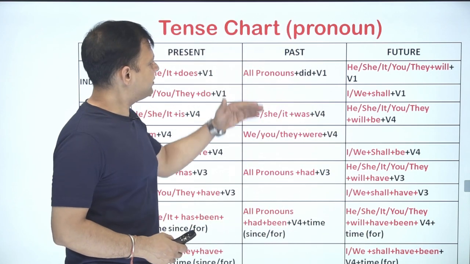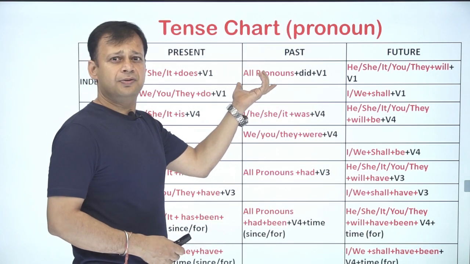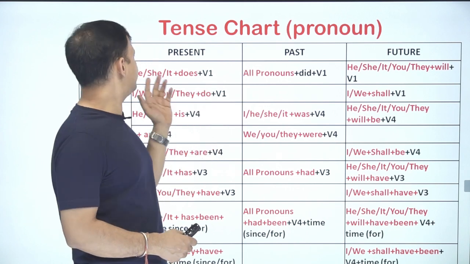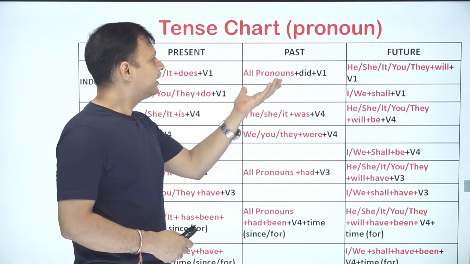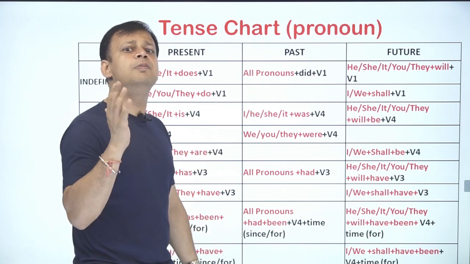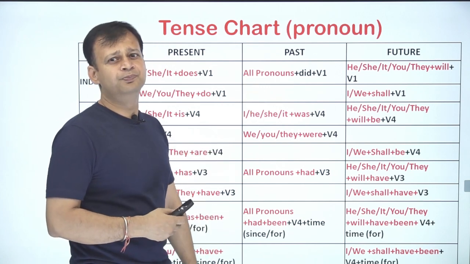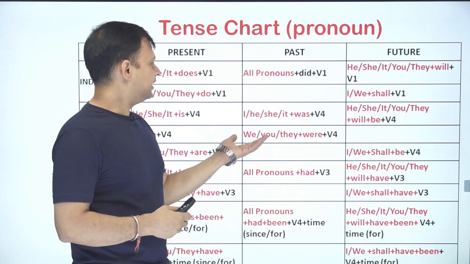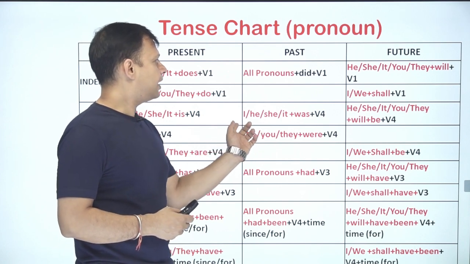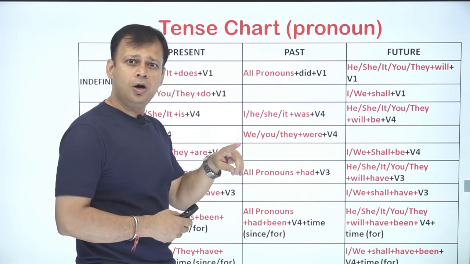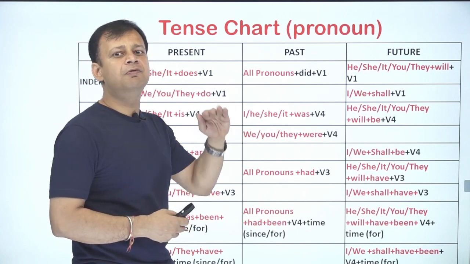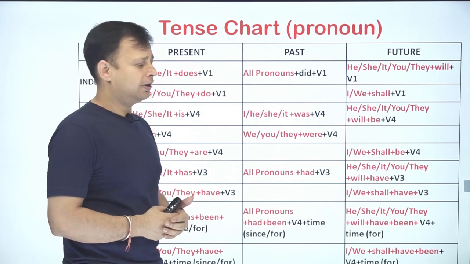So in case of past tense, all pronouns, as you can see, all this he, she, it, I, we, you, they can be used with the helping verb did plus the first form all the time. In past continuous, I was, he was, she was, it was plus V4 the ing form.